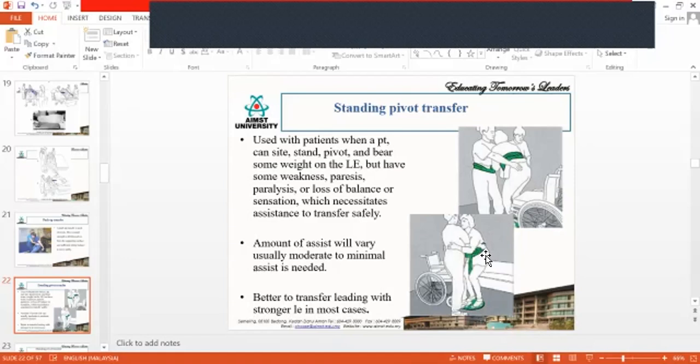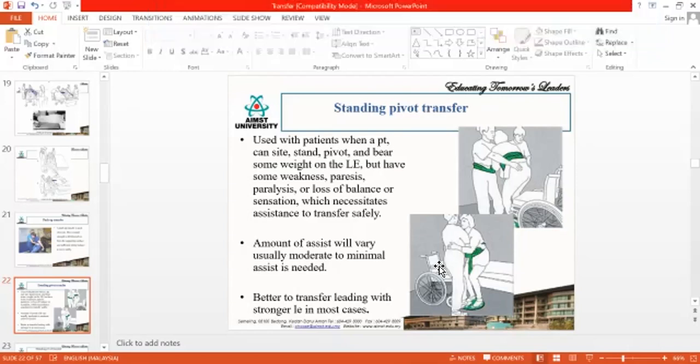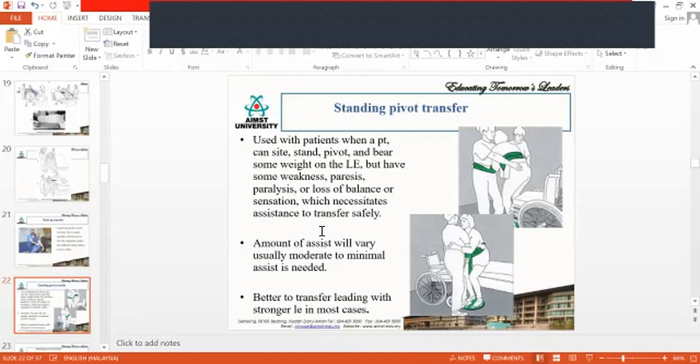You will be lifting the patient a little bit, then you will just rotate the pivot and change the direction and make the person sit in the other position. So here, depending on the patient's ability, the assistance level will be varied. Whether you are going to give maximum assistance or minimum assistance depends on the patient. So this is called stand pivot transfer.